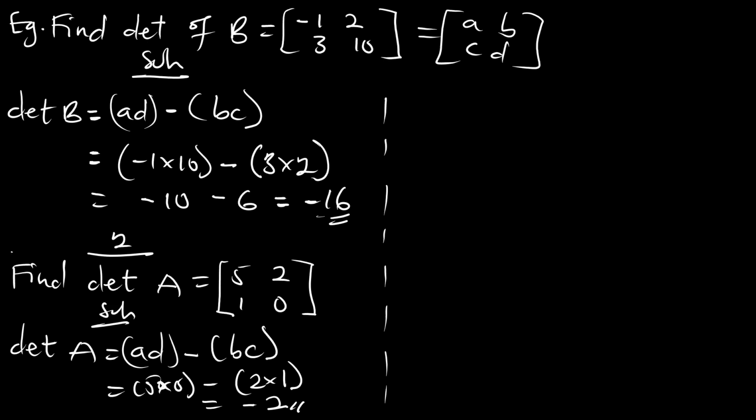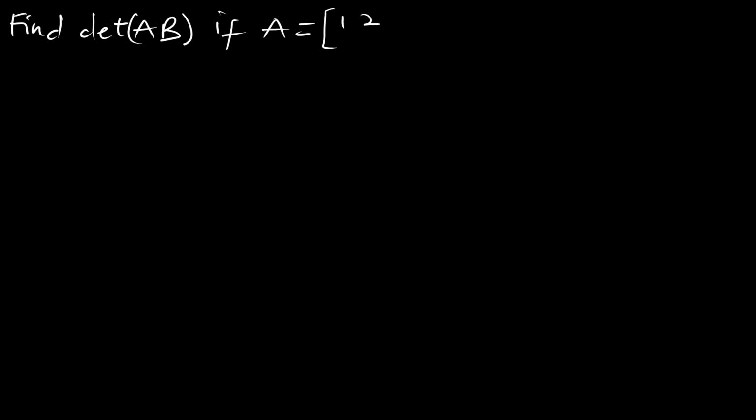Are we okay? Let's look at another example. Find the determinant of matrix AB. If we are given matrix A as 1, 2, 0, 1 this way, and matrix B is given as 0, 4, 5, 5.